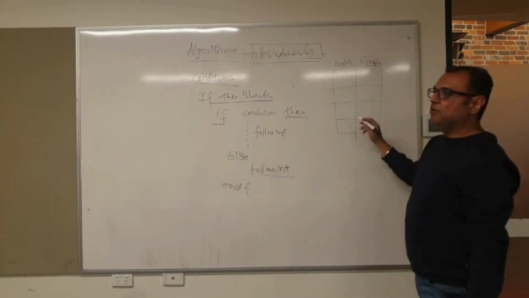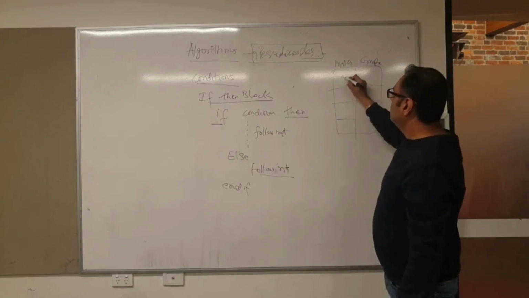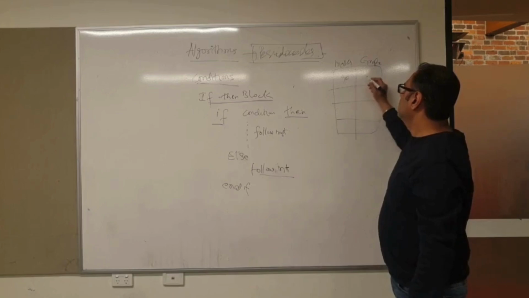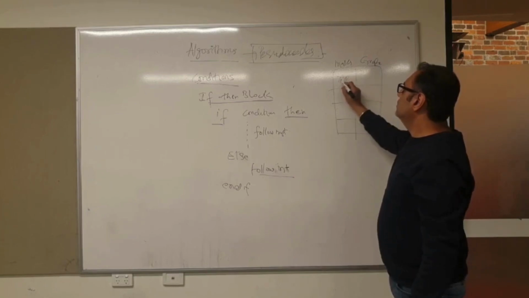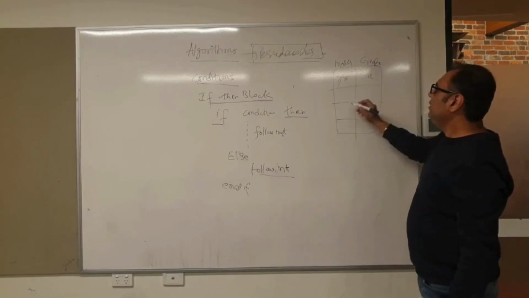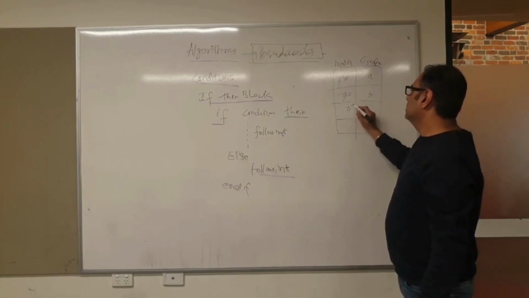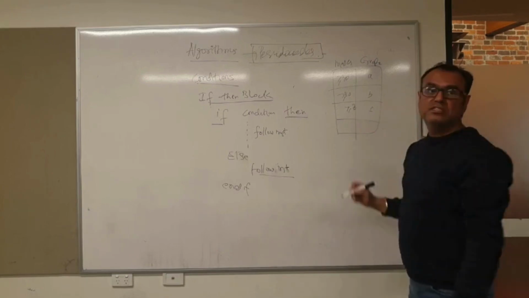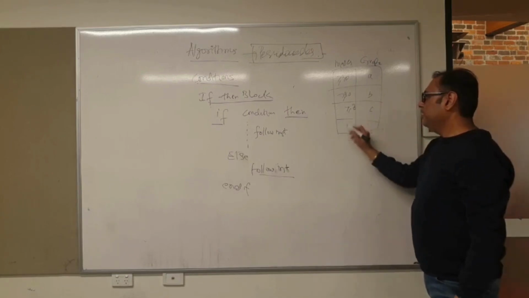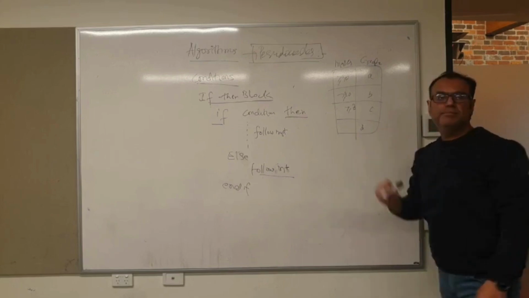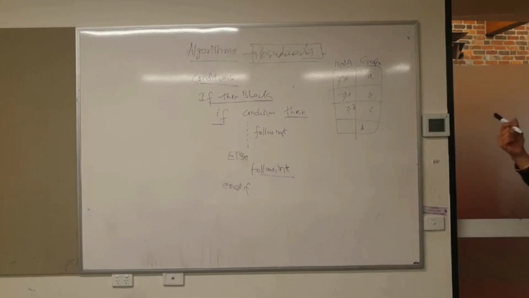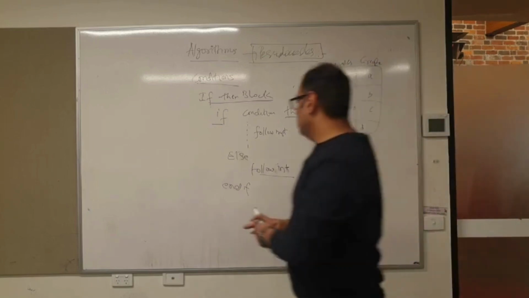And I say if your marks are 90 and above, 90 and above you get an A, 80 and above you get a B, 70 and above you get a C, or anything below you get a D. Let's say we need to program this. So what do we do?